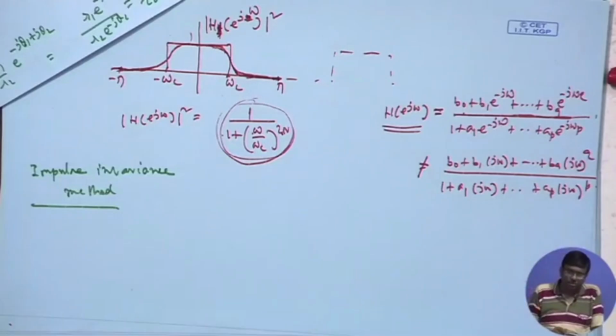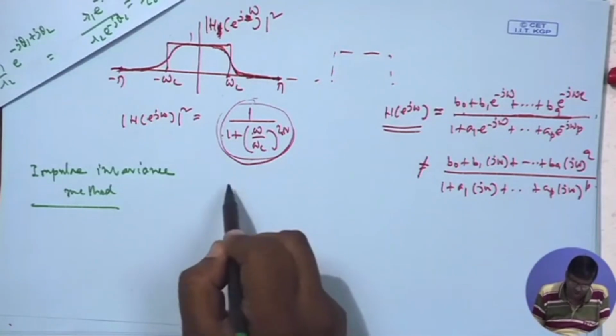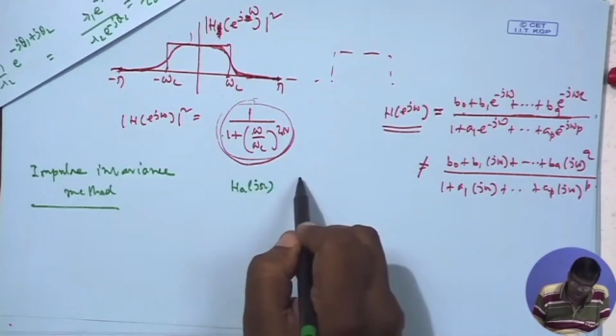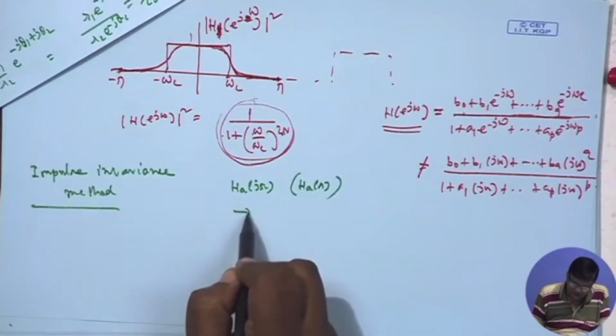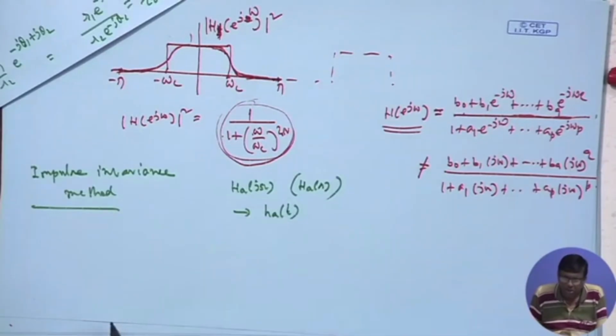Then what will we assume? Next we assume that there is an analog filter with transfer function H A(s) in terms of the Laplace transform, and this has a time function.